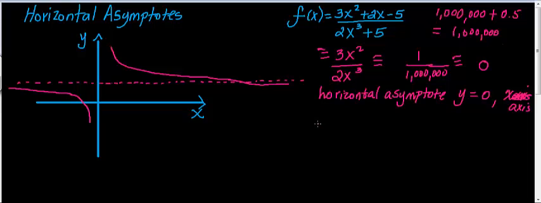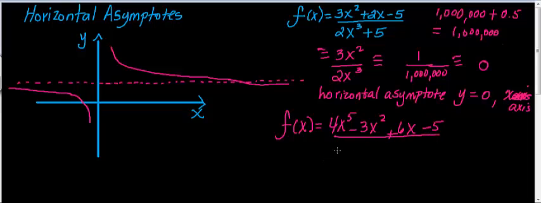When I have a function where, for example, I have 4x to the 5th power minus 3x squared plus 6x minus 5 divided by 3x to the 5th power minus 5x cubed minus 6x squared plus 4.